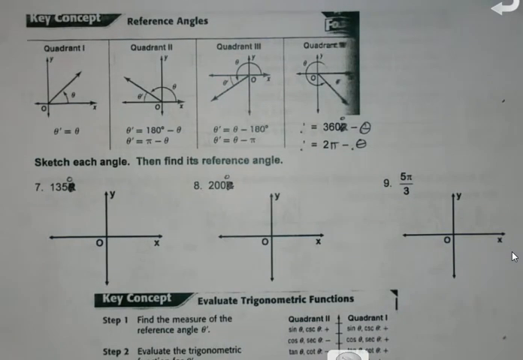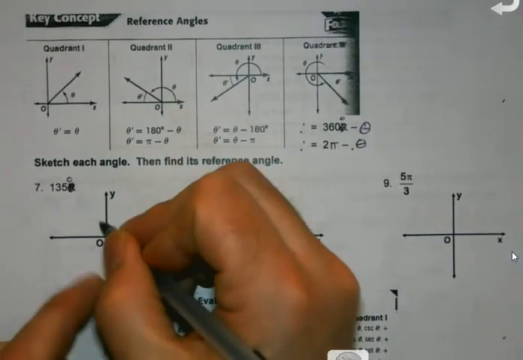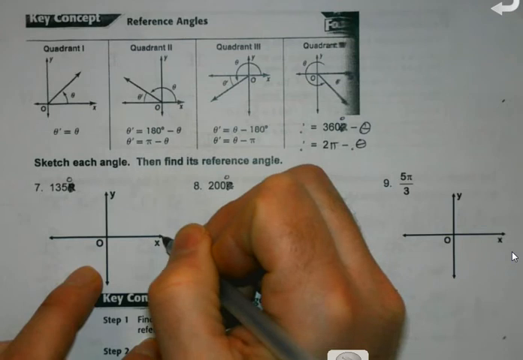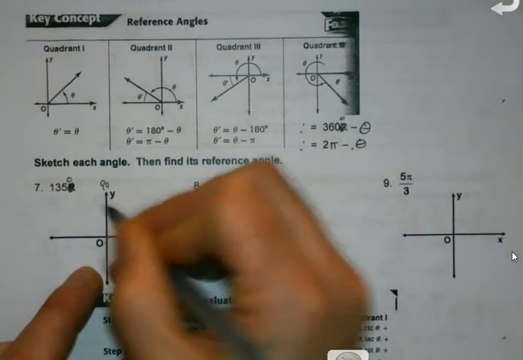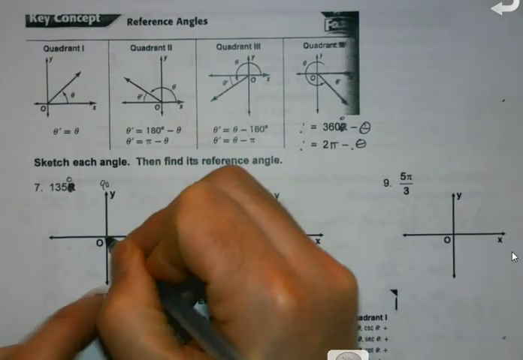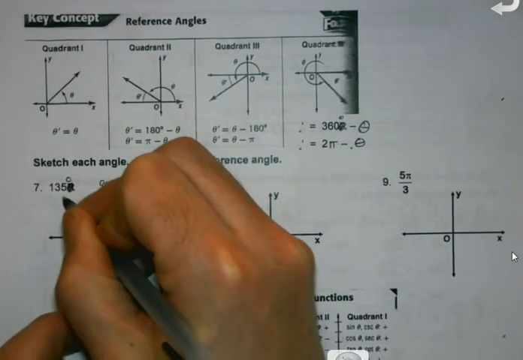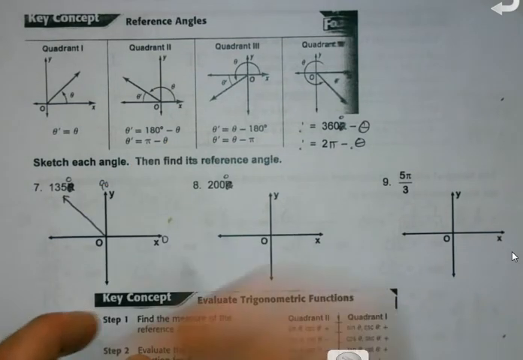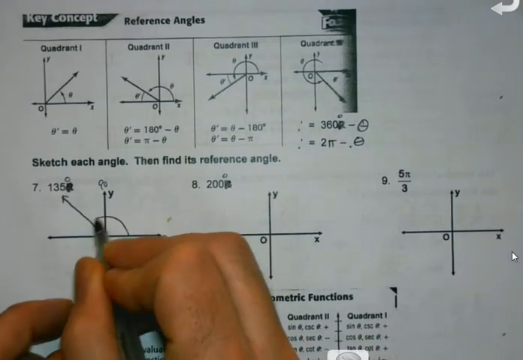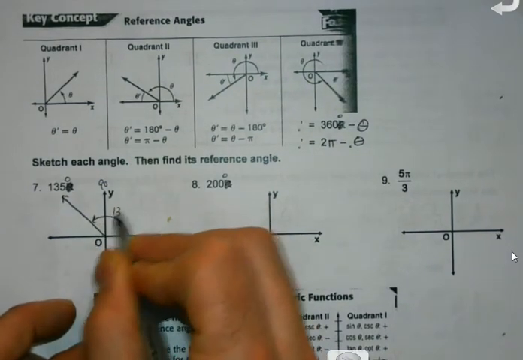So when we talked here about sketching the angle, and since we are in review right now, I'm going to literally sketch. So 135 degrees, again, start at 0, go to 90. I need another 45. So I get my 45 drawn in here. And I know this is 135 to here.